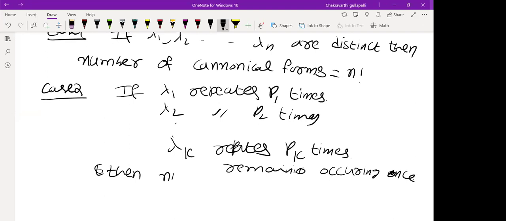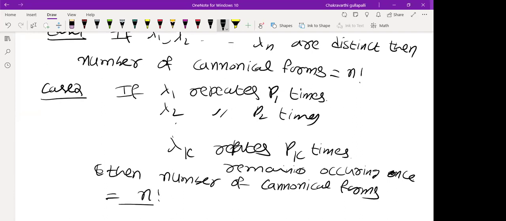Then the number of canonical forms is equal to the formula n factorial by p1 factorial, p2 factorial, pk factorial.